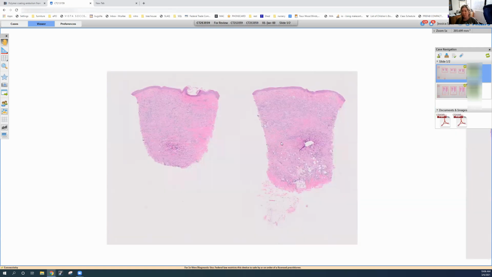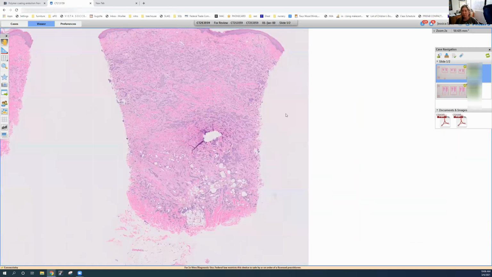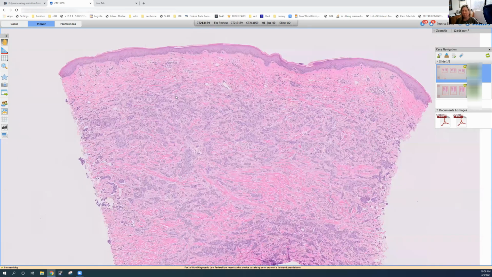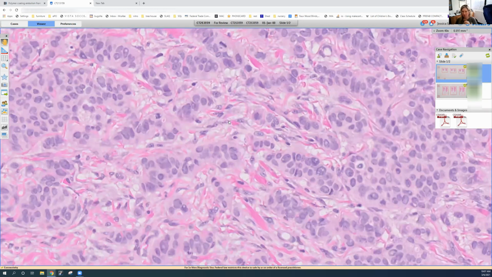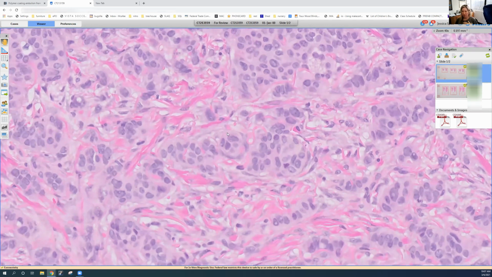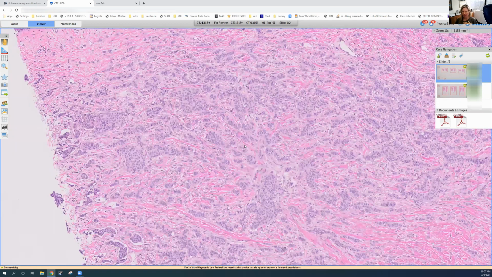Okay, so here we have a punch biopsy of skin. Has a little bit of that cookie cutter look like you see in morphea because there's so much dermal sclerosis. And we have not much going on in the epidermis, but we have this diffuse dermal infiltrate of these cells with pretty pleomorphic nuclei, making these ribbons or cords of cells, sometimes nest-like aggregates.